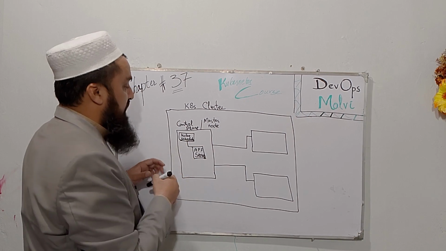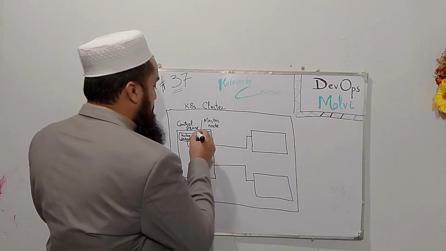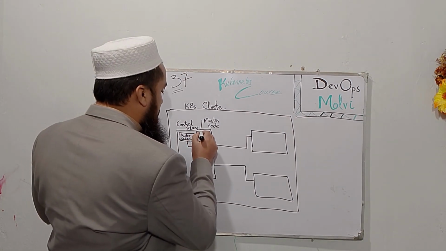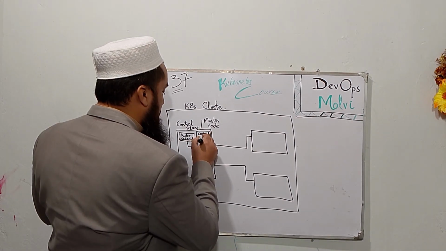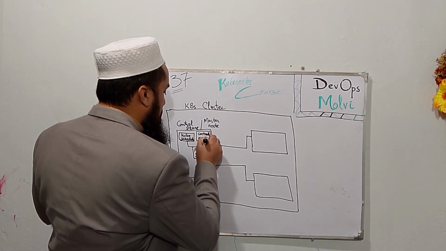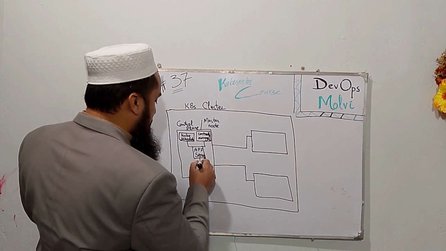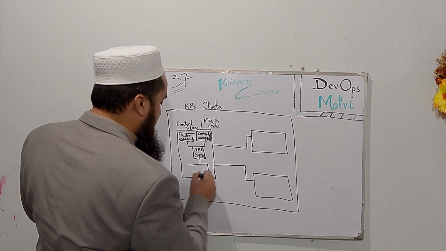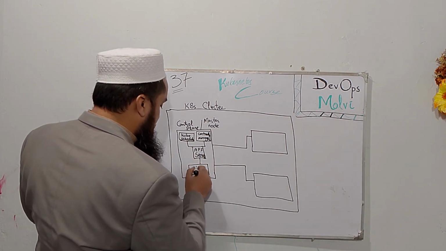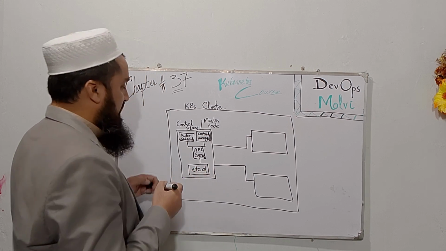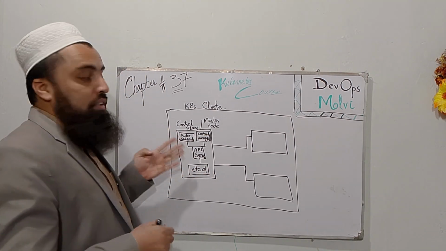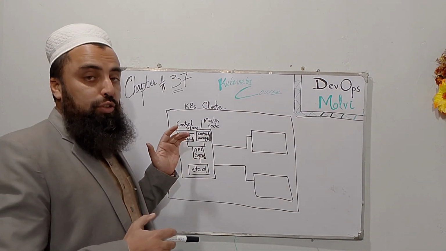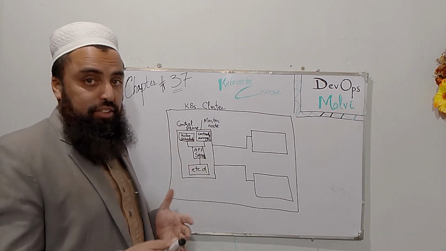We have Kube scheduler, we have controller manager, and I have a database which is etcd. Now these are actually the four major components of a control plane, or I can say the master node.